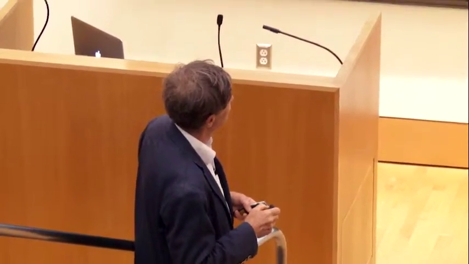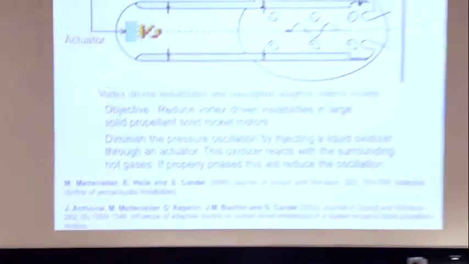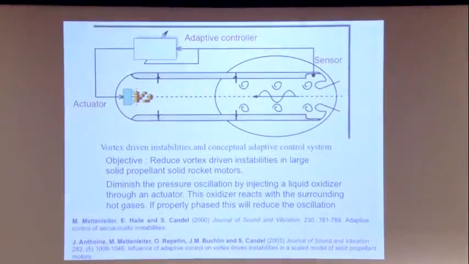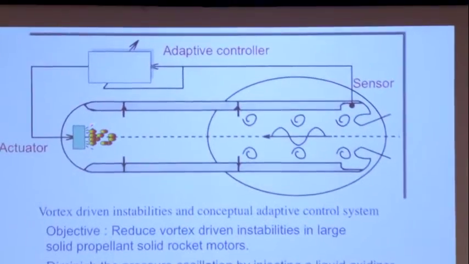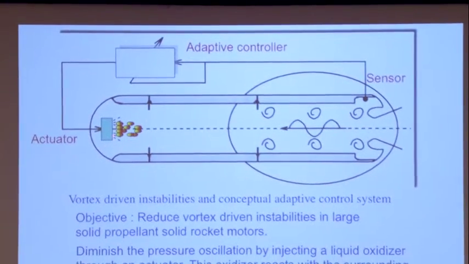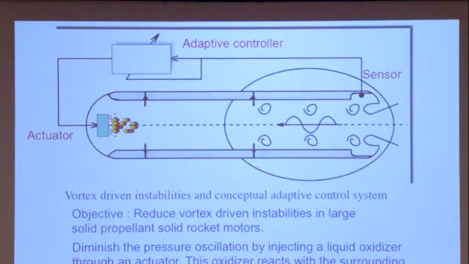So then the idea was to add to this solid propellant rocket an actuator which would inject a liquid, an oxidizer, in fact, because the atmosphere is reducing here.